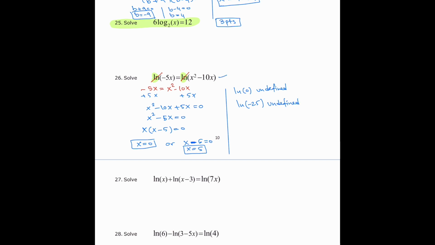If you plug it on the other side, you'll get ln of 25 minus 50, which is ln of negative 25 again, which is undefined. So none of these work, and we say we have no solution.